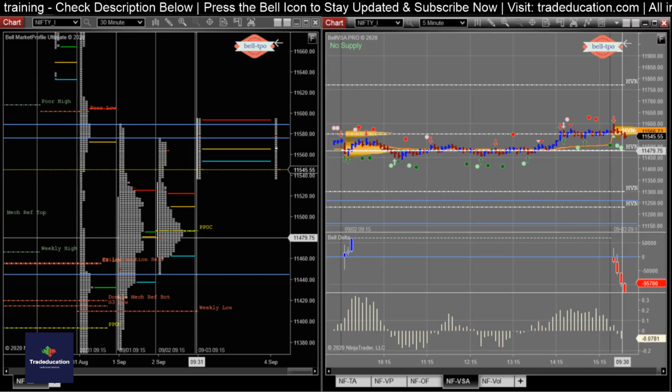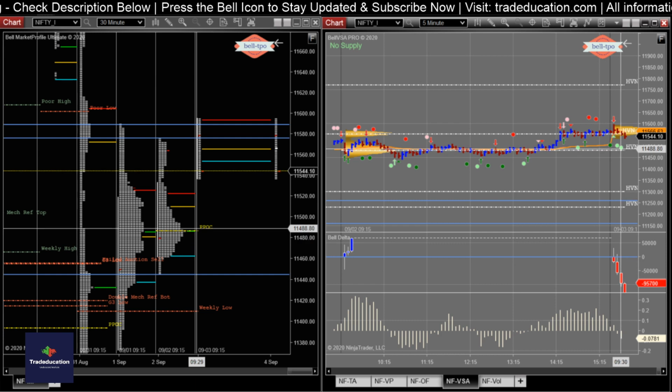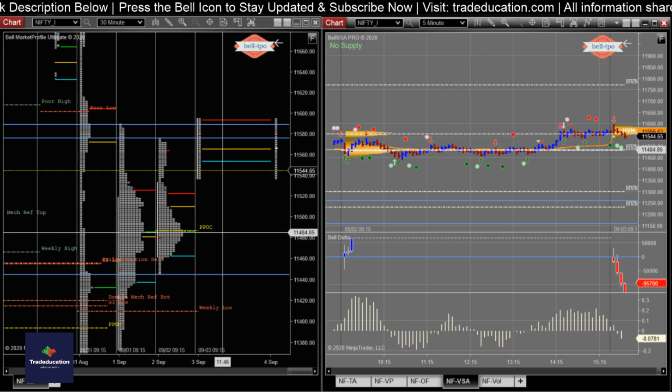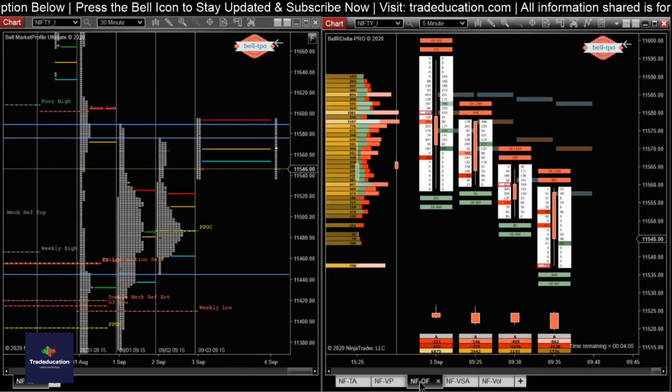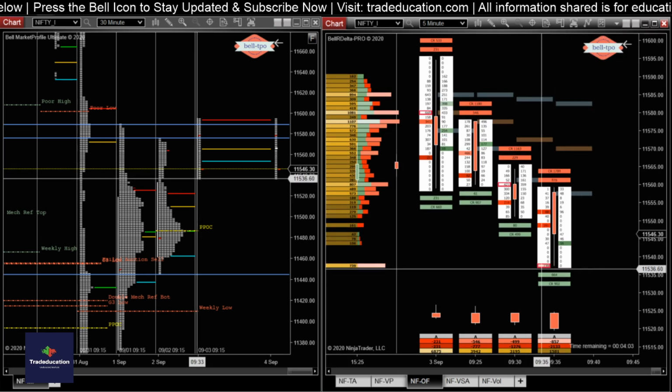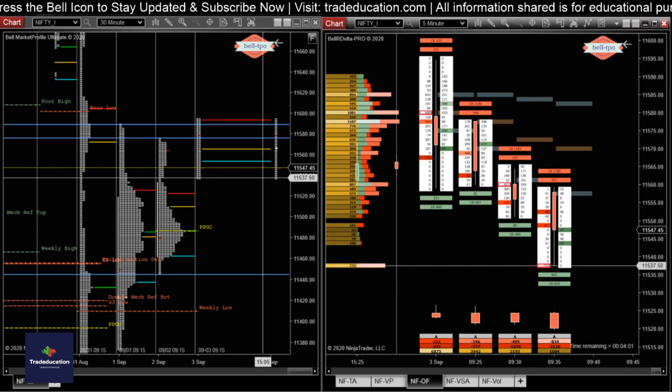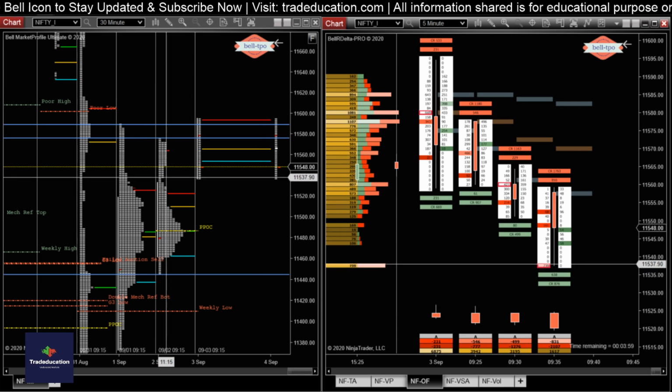Okay, so next target is 11,479. That is also again around the PPOC level. Okay, so one more trap of sellers which were there around the single print zone.